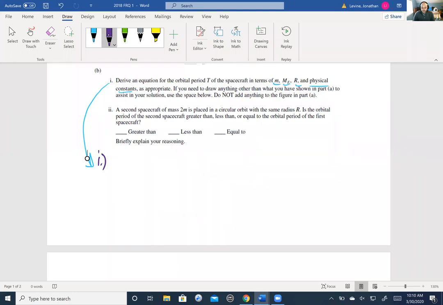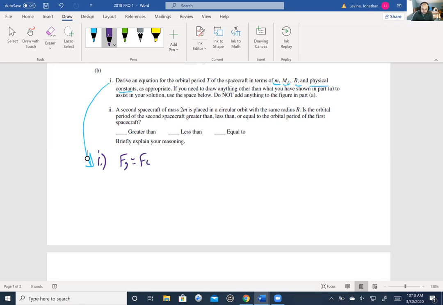When we think about relating our orbital period in terms of m_E and r, we want to relate the orbital period to the centripetal motion. The first thing I would do is say that, as I said before, F_G is equal to F_c.